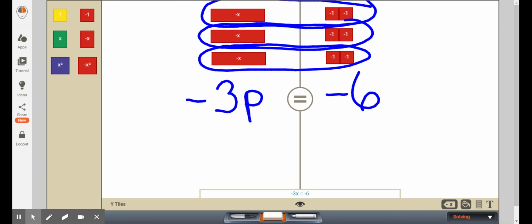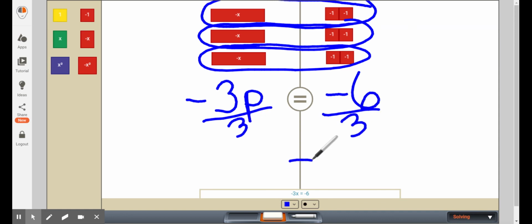All right. So mathematically, let's do that down below. Divide by 3, divide by 3, and then the 3 and 3 will cancel, and then we have p, but we have the negative on the outside.